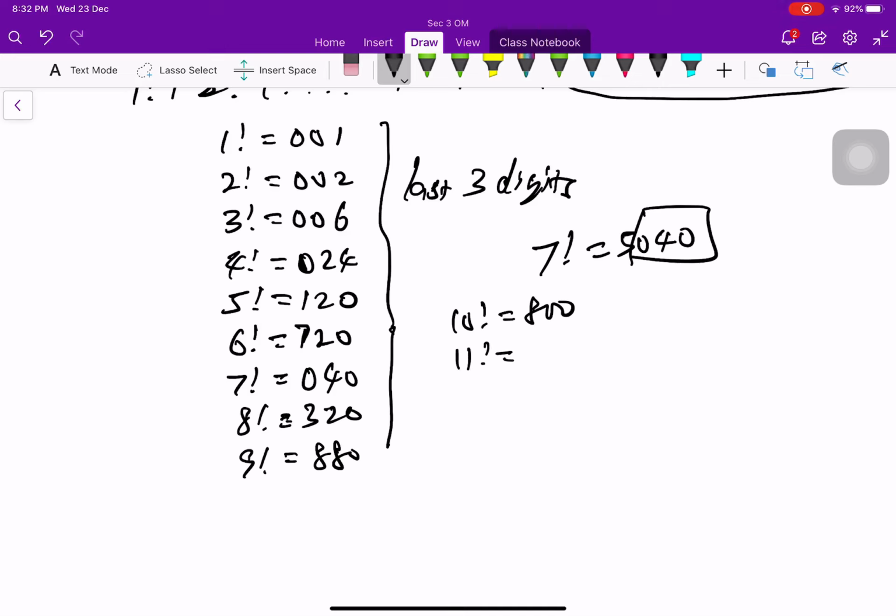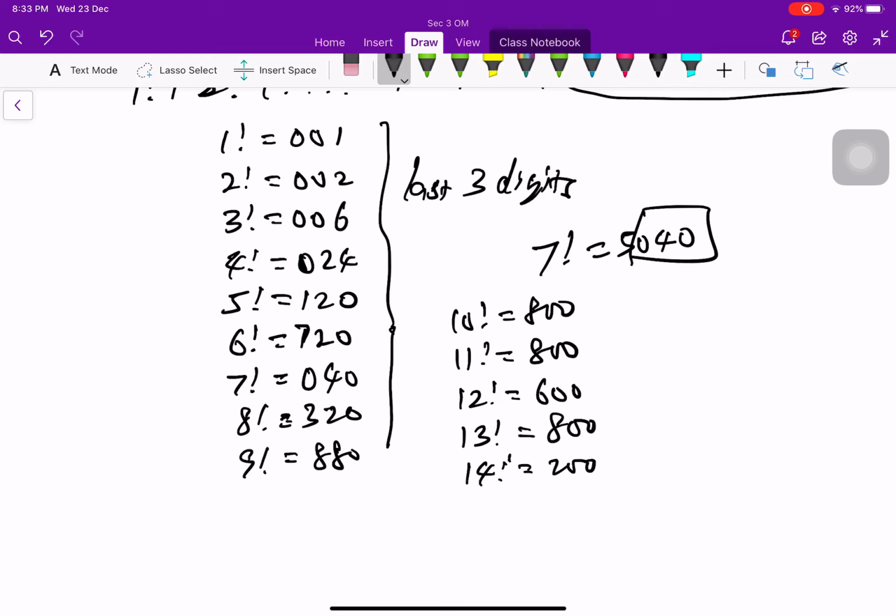11 factorial, you also get 800. Then after that, 12 factorial, you get 600. 13 factorial, you get 800. And then 14 factorial, you get 200.